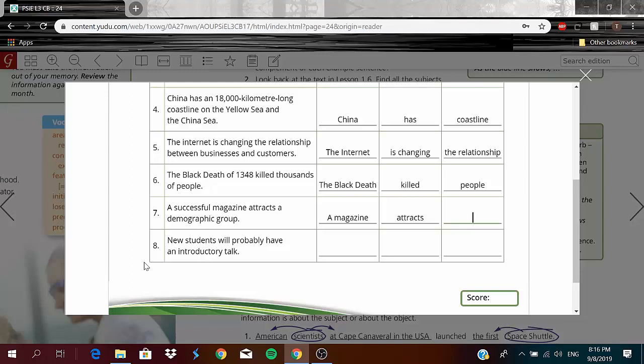And what about the object, you guys? That's correct, a group, right? And then we have 8. New students will probably have an introductory talk. What do you guys think? That's right. So subject, students, verb will have, and object, a talk.